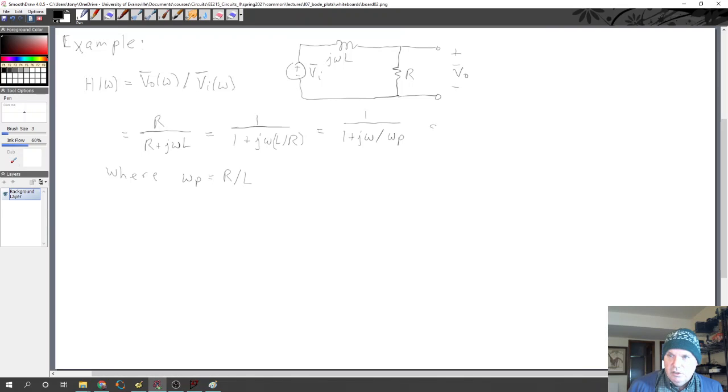So this is called the standard form of the frequency response, and we'll look at other standard forms as well.